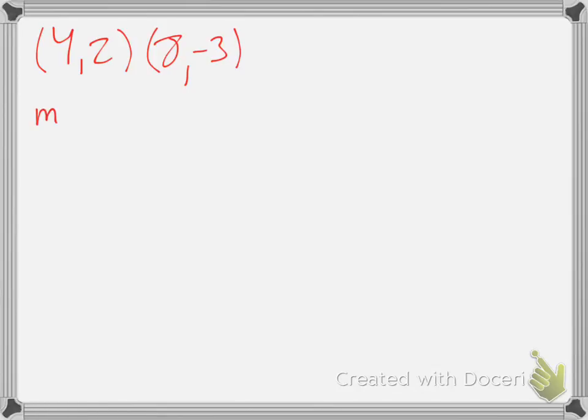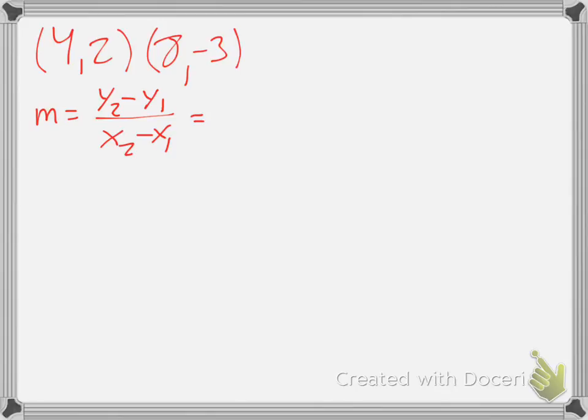Okay, there are two ways to do this. You could graph it, make a triangle, rise over run, or you could use the slope formula, y2 minus y1 over x2 minus x1. It doesn't matter which point you use for y2 or y1, but you need to keep it consistent.